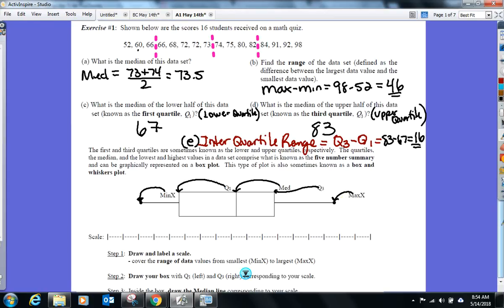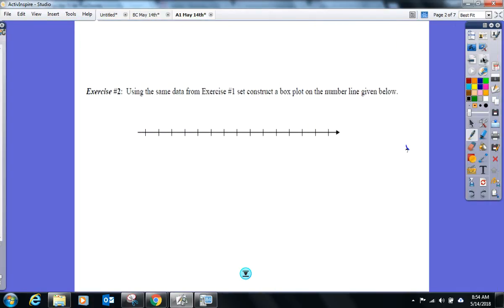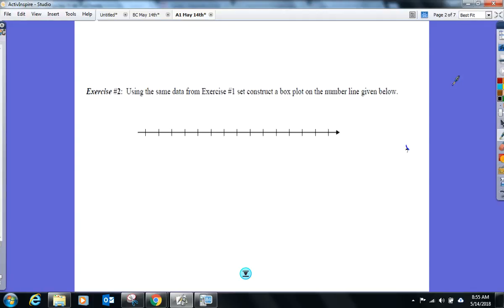All right, so let's make a box and whisker for our original set of data here today. What was our minimum? 52. What was our max? 98. So you guys got to figure out right now, these all have to go by the same amount. If you go by 3s, they all have to go by 3s.